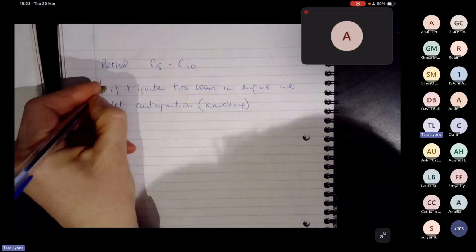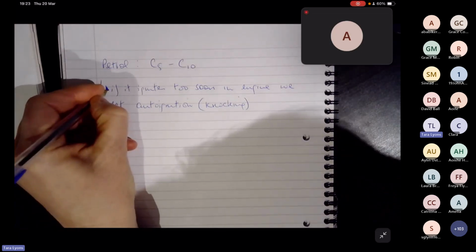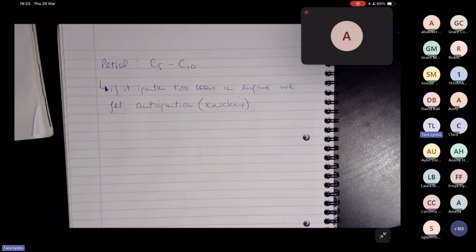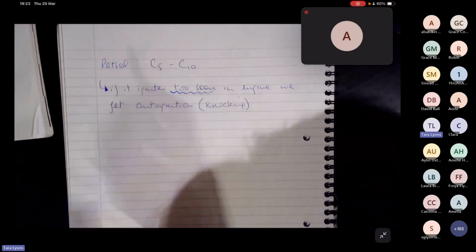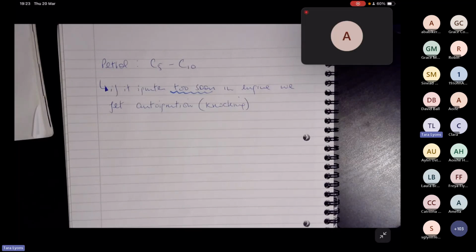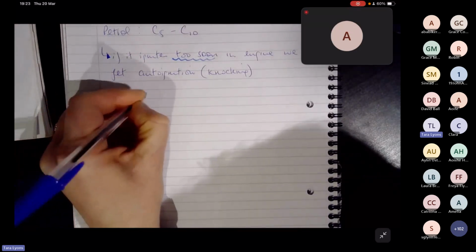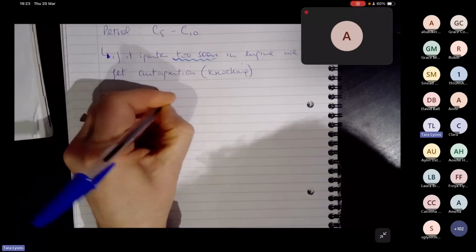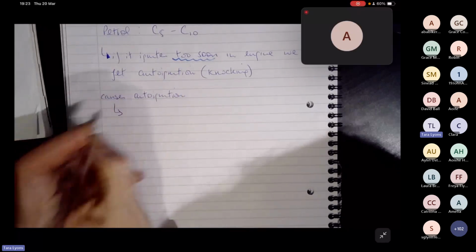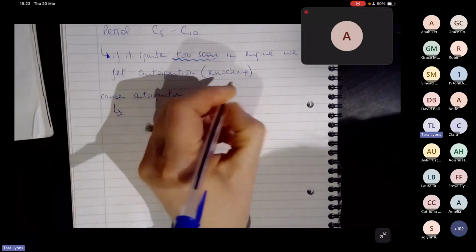So we do not want the petrol and the air to ignite in the wrong chamber of the car's engine. So if you're asked to define auto-ignition, it's the early explosion, it's the early ignition, it's when the petrol and air ignite too soon in the engine, you get auto-ignition. Now, what causes auto-ignition is poor quality petrol. And poor quality petrol is going to be made up of the following.